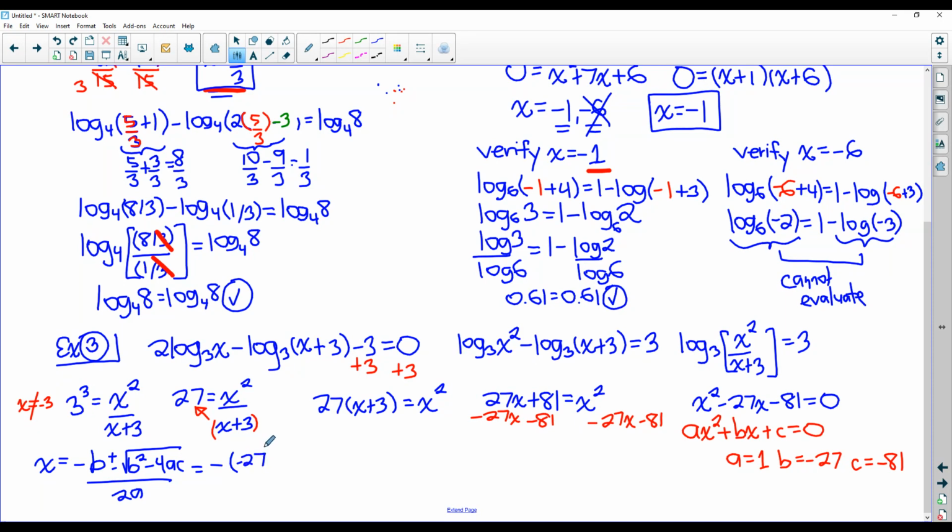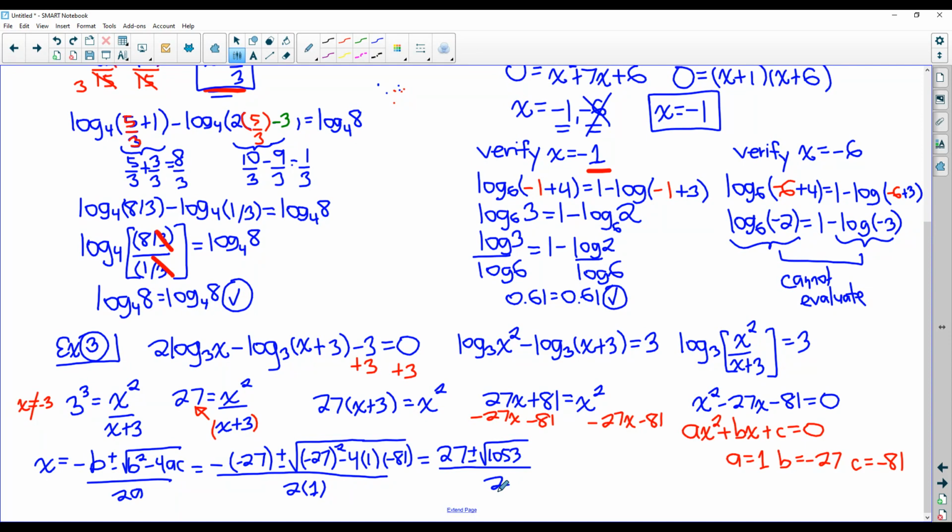Negative b would be negative 27, plus or minus the square root of negative 27 squared minus 4 times 1 times negative 81, divided by 2 times 1. This would be 27 plus or minus the square root of 1053, divided by 2.